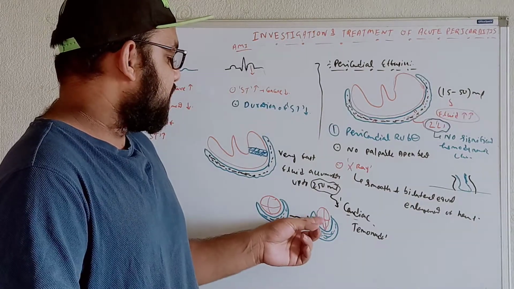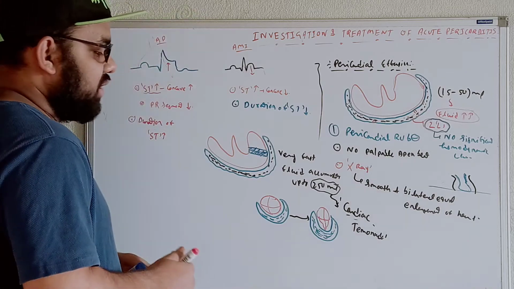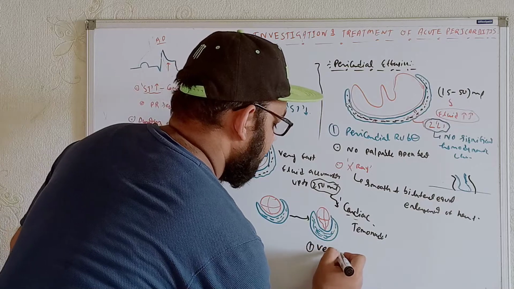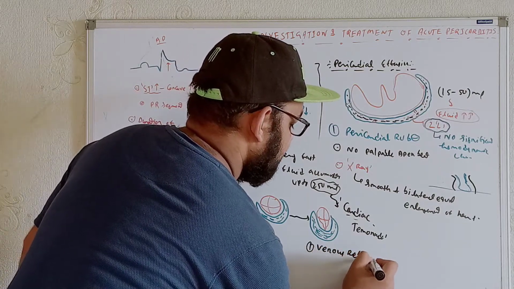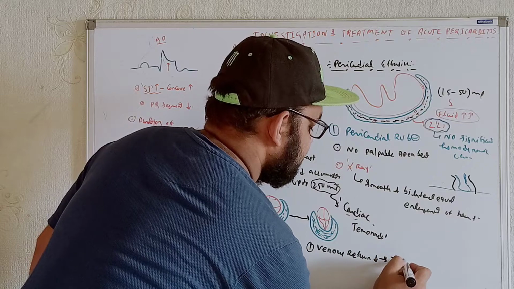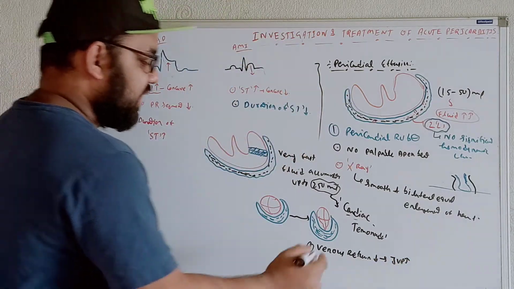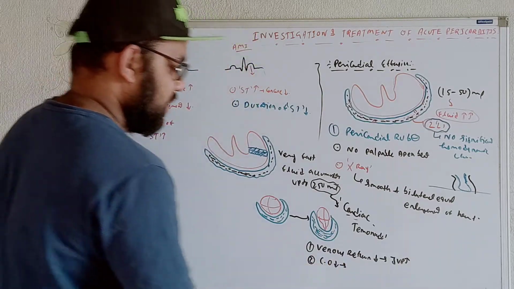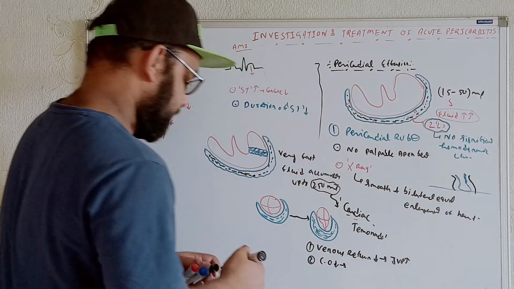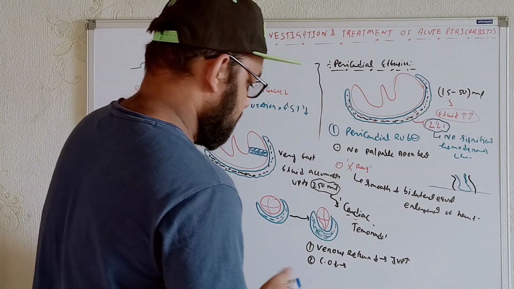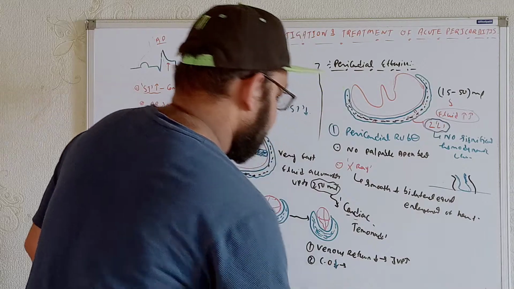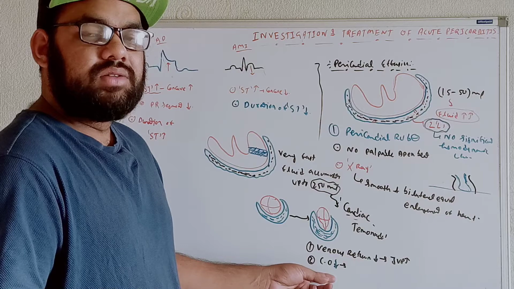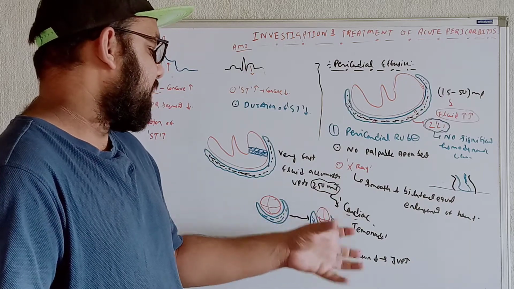So whenever the cardiac output and the venous return are decreased, whatever the manifestations we will get: whenever the venous return is decreased, definitely the jugular venous pressure will be increased. And whenever the cardiac output is decreased, we will get the systemic blood pressure decreased also, because the heart is not able to pump the blood.